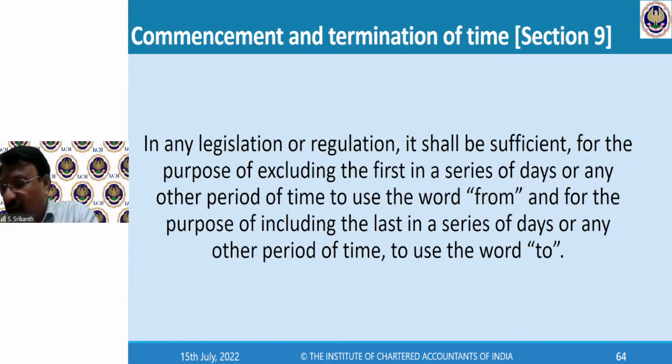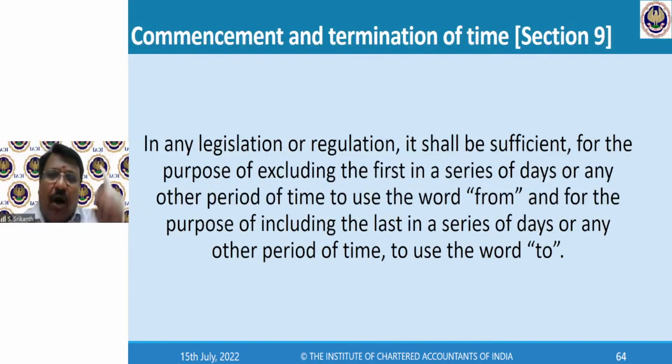When we saw notice of a general meeting, we said 21 clear days, not including the date of service. That is from the date of service to the end of the 21st day. So don't include the date of service, which means start counting 21 from the next day, but include the 21st day, and then the meeting can be held on any day after the 21st day. So include the word to, exclude the word from.